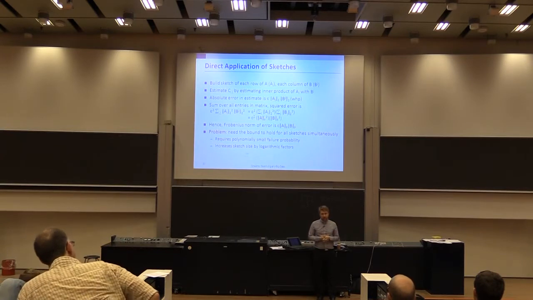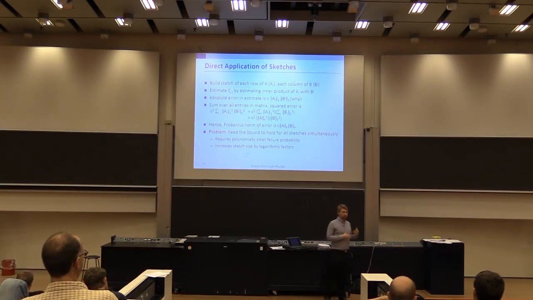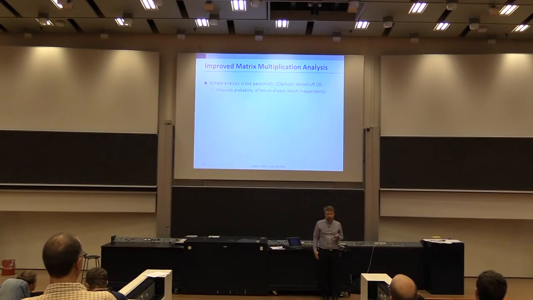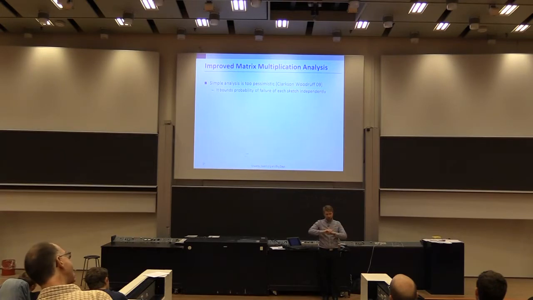Okay. So that says you can get a result of this form almost just by taking things that you know how to do already. So the question will be, how can you do something a bit less naive than this, and get something a little bit better? The first observation is that we shouldn't be so pessimistic. Essentially what we did is we said, we have this concentration bound on the error in a sketch, and we're within this error bound with constant probability, so let's make that probability really small and add these up, assuming the worst case.